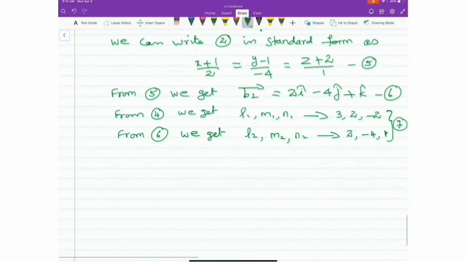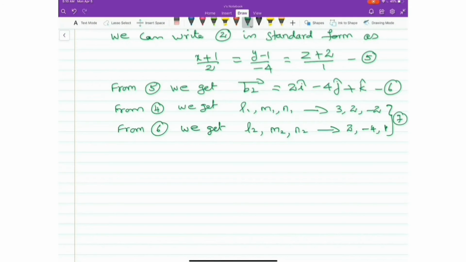First, let me write the formula for the equation of the plane.